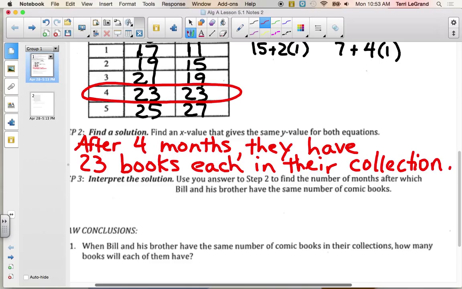After 4 months, they're each going to have 23 books in their collection. We found the time and actually the number of books.